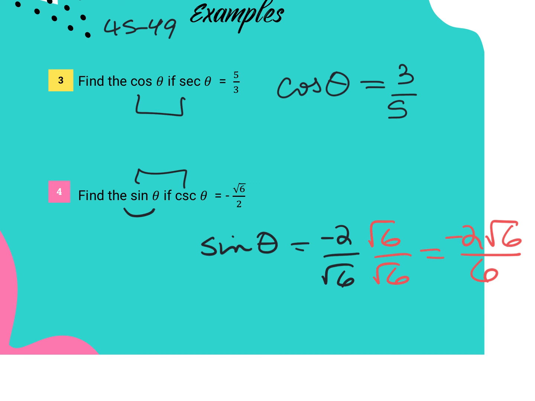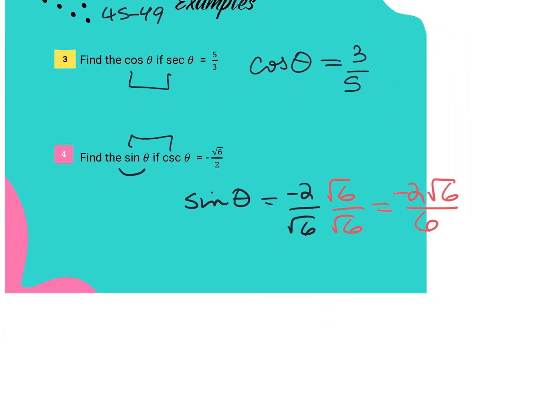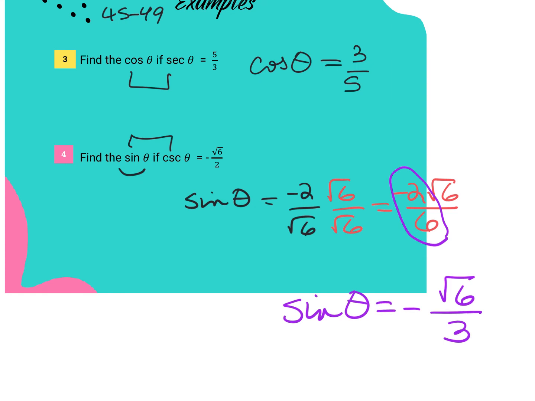Always simplify whatever's outside. So I can simplify this -2 and this 6. And this becomes the square root of 6 over 3. So the sine of theta rationalized is negative square root 6 over 3. Never leave that radical in the denominator.